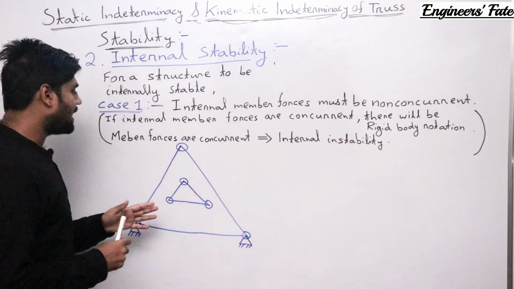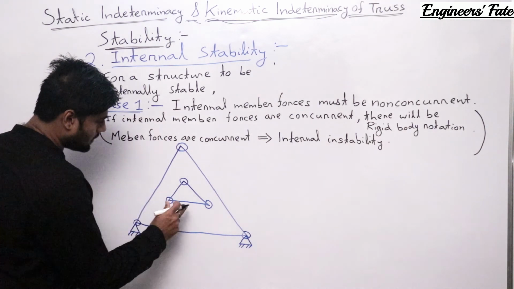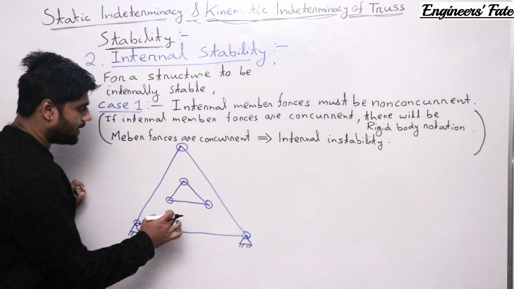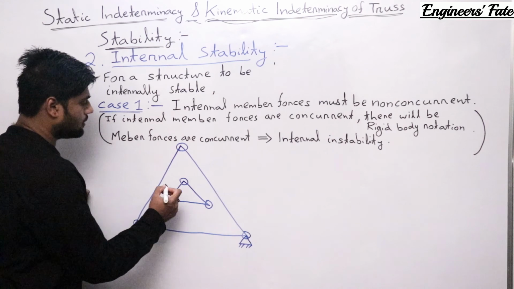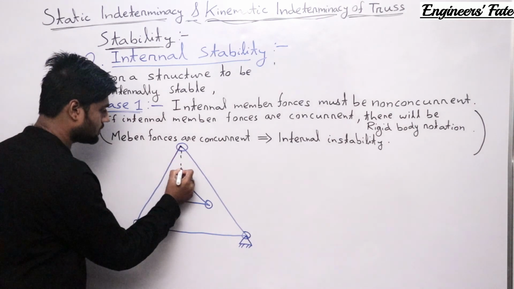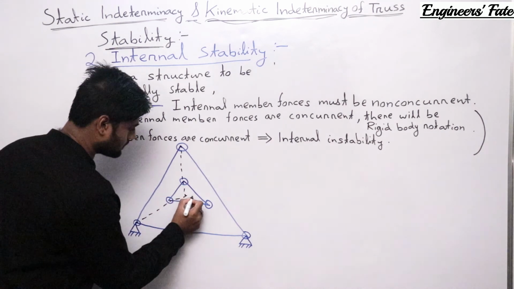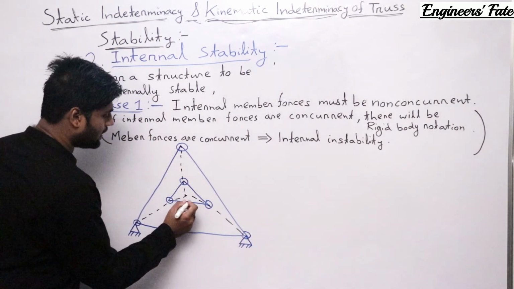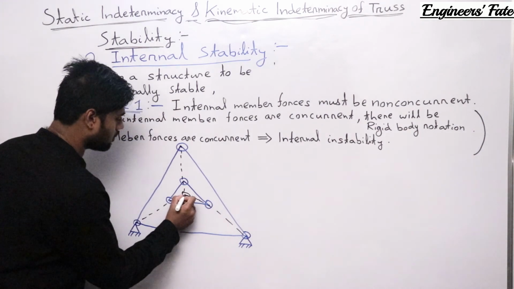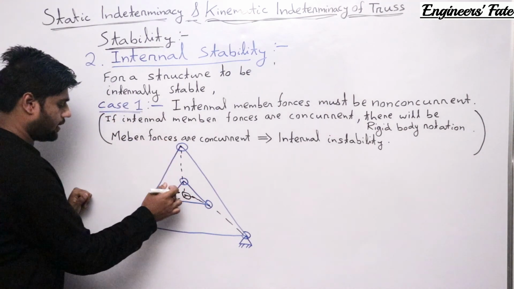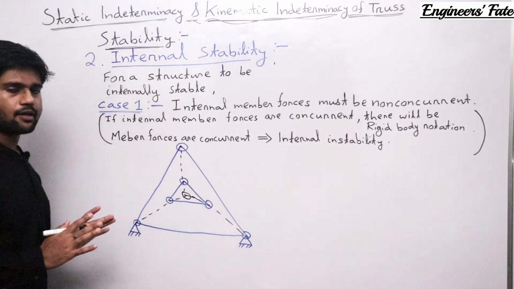So let's understand this example. You can see this is an example and this is internally unstable. Why is this internally unstable? You can see these internal member forces are meeting at a common joint.